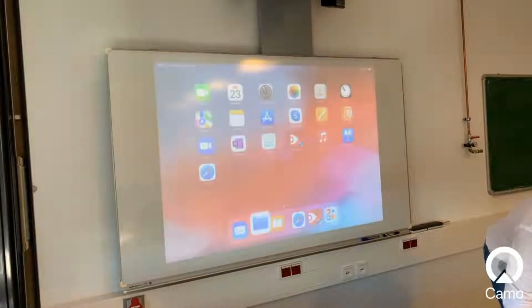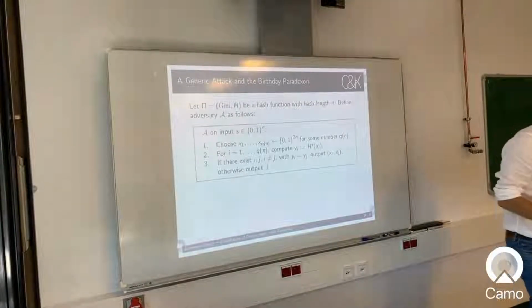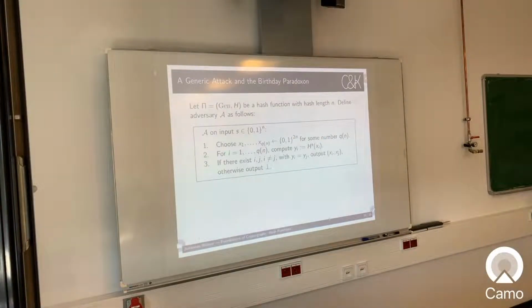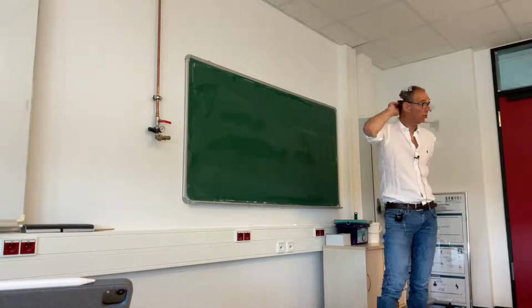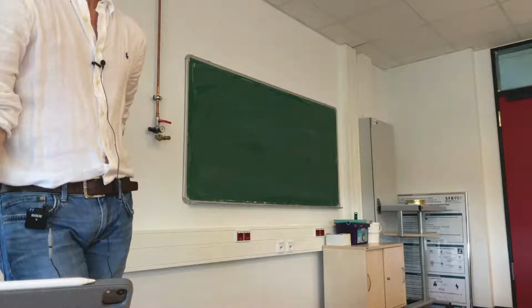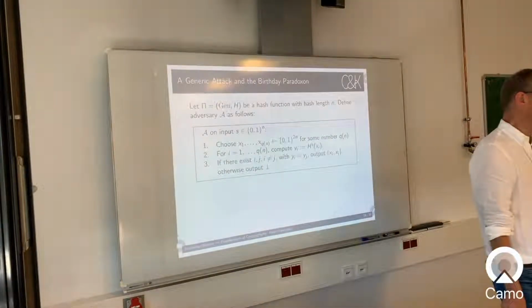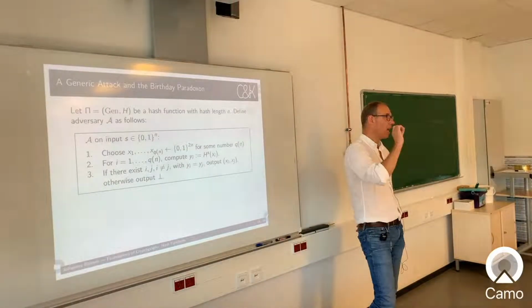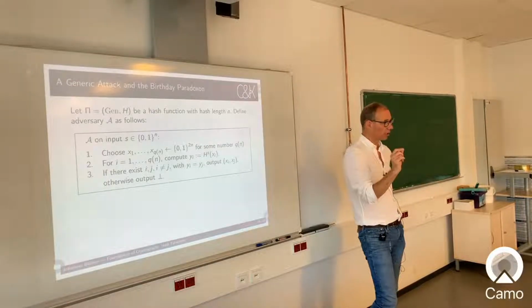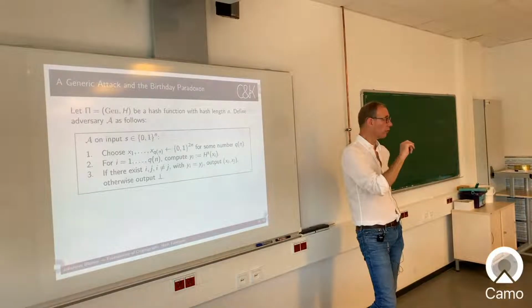Okay, good. So let's continue. And what we talk about next is a so-called generic attack on hash functions. If you look at various recommendations, standardizations, or similar things, you will notice that if you look at recommendations for key sizes for symmetric encryption schemes and for hash length, the length of the hashes for hash functions, there's usually a factor of 2 between the two.